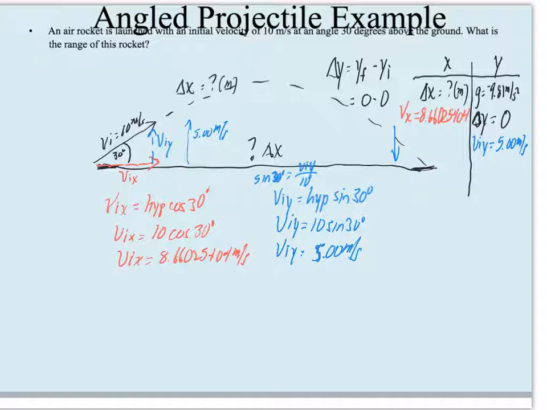It's going to be going the same value. So Vfy is 5 meters per second, but we have to be smart here because this is a different direction. So I got to make that negative.